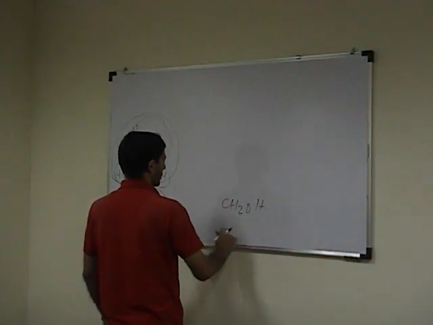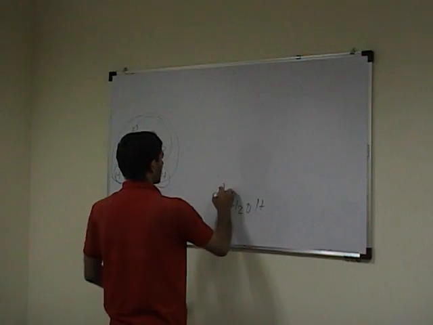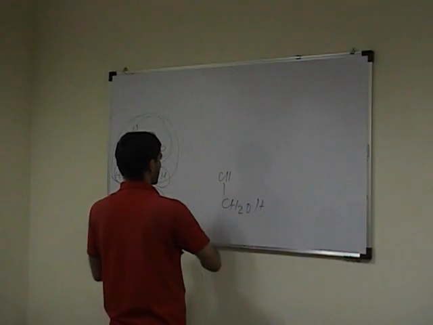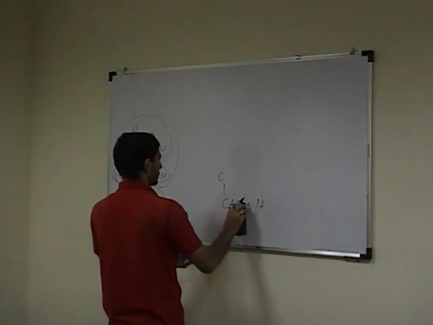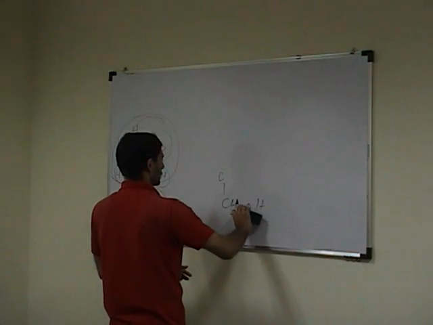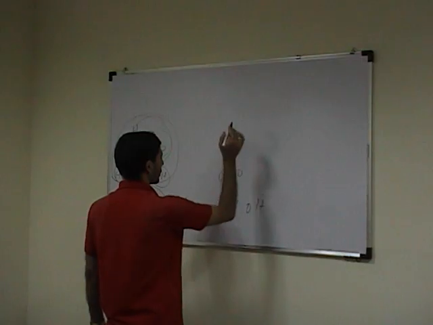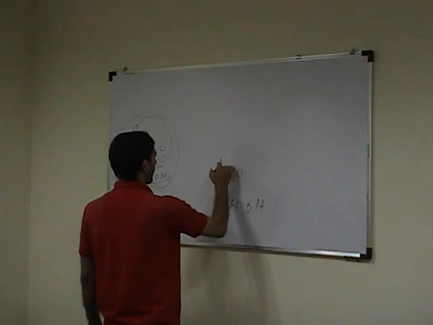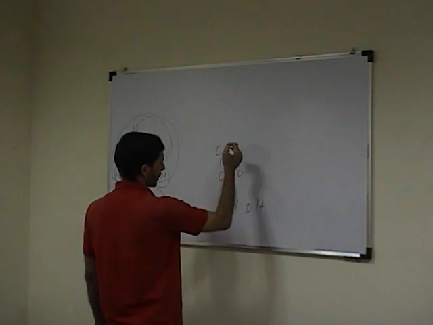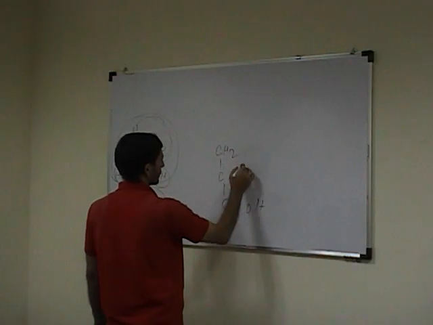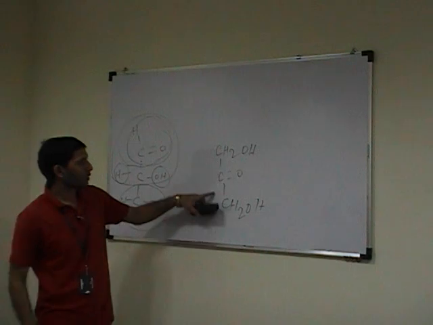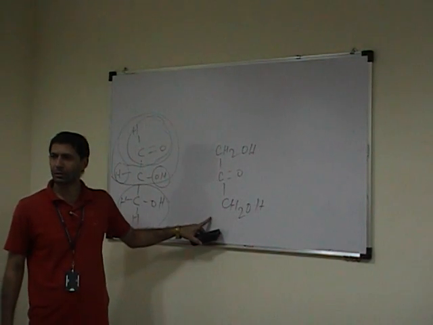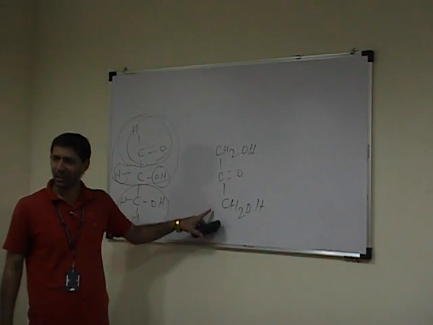CH2OH, CHOH, CHO. And the ketose: CH2OH, C double bond O, CH2OH. Okay. This is your dihydroxyacetone.